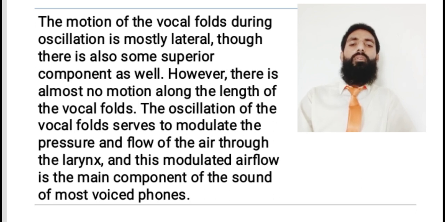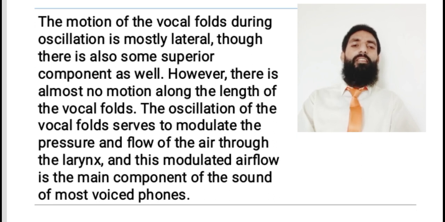So this is a word taken from phonation, and this is a biological process in which humans are able to speak or to talk. All living organisms produce different sounds through phonation, and it's only because of the oscillations of the vocal cords, which regulate the pressure and flow of air through the larynx.